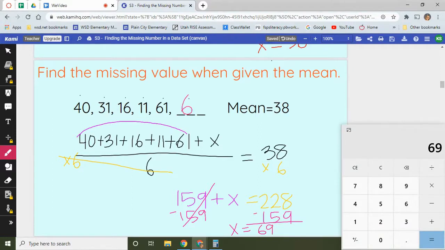So our missing value is 69. Now remember, we can check it really easy. 40 plus 31 plus 16 plus 11 plus 61 plus the 69 equals 228 divided by 6 numbers gets us a mean of 38. So we know we're right.